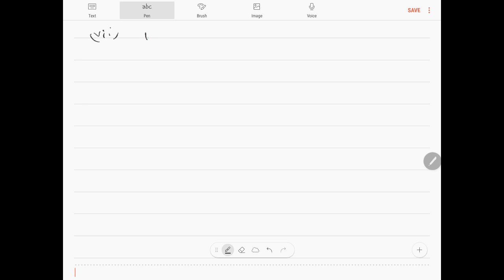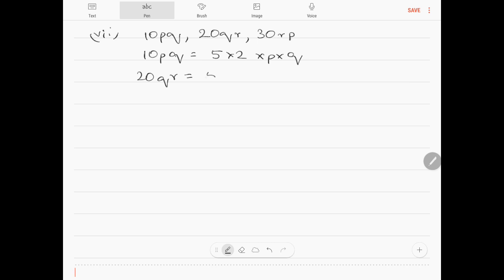Problem number 7: 10PQ, 20QR, 30RP. 10PQ is equal to 5 into 2 into P into Q. 20QR is 5 into 2 into 2 into Q into R. 30PR is equal to 5 into 2 into 3 into P into R. So 5 is in common, 2 is in common, that's it.